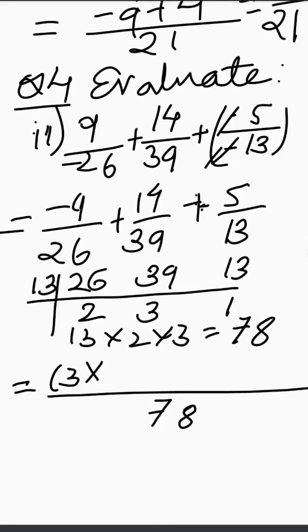And whatever the answer you are getting, you will write and multiply this 3 with its numerator. And what is the numerator? Minus 9. Okay. In the same way you have to do for the remaining terms also.